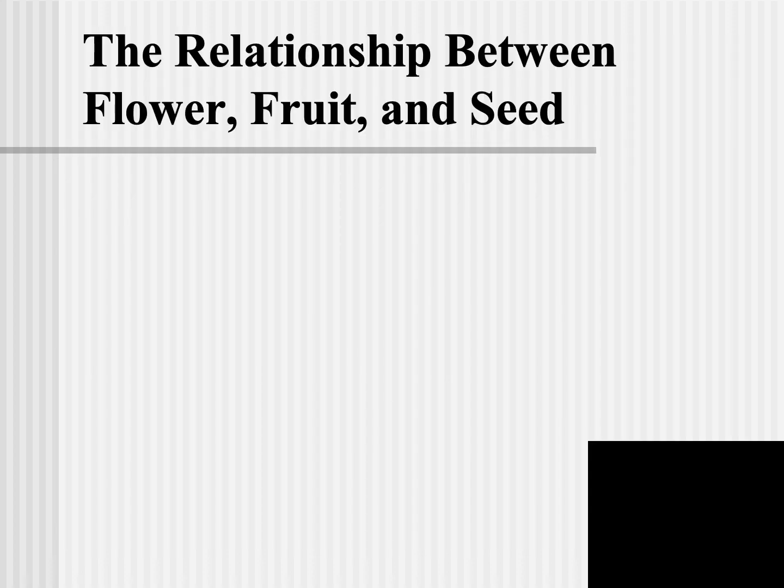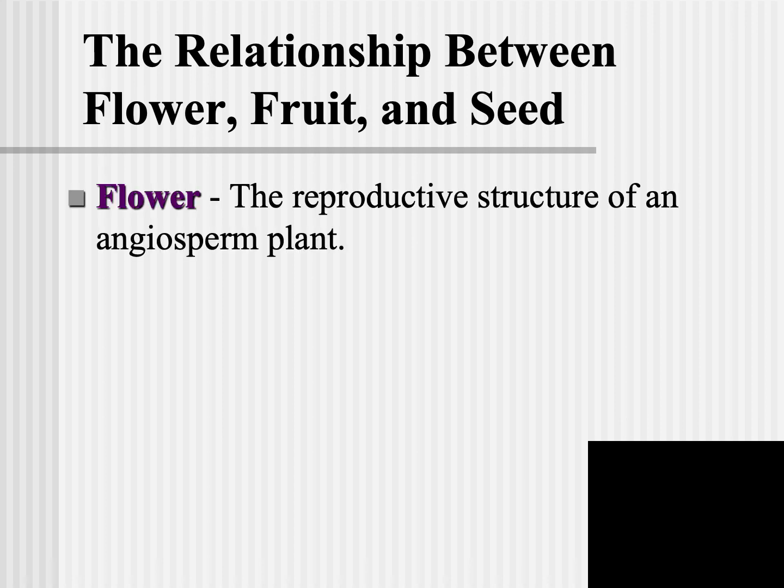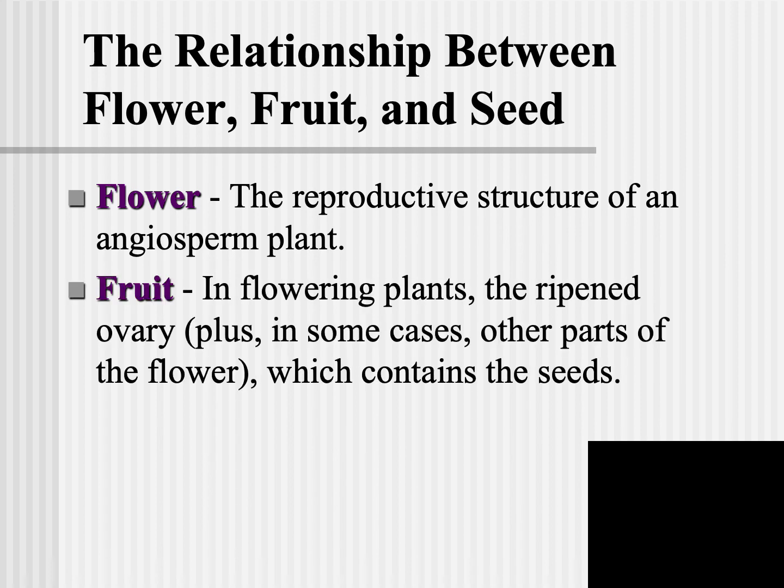So let's talk a little bit about the relationship between flowers, fruits, and seeds. The flower is the reproductive structure of the plant. So the flower is going to attract its pollinators, which we'll get to in just a second. I'll remind you a little bit more about them.